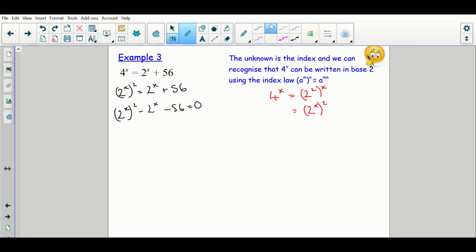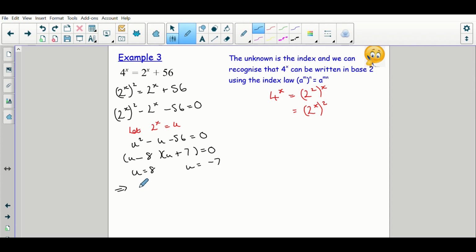So at this stage, I can do my substitution and I can say, well, let 2 to the x equal u. So I end up with u squared minus u minus 56 equals 0, which is a quadratic that we can factorise. Minus 8 plus 7, so we get u equals 8, or u equals minus 7. But remember, we haven't finished yet. That means 2 to the x equals 8, or 2 to the x equals minus 7.